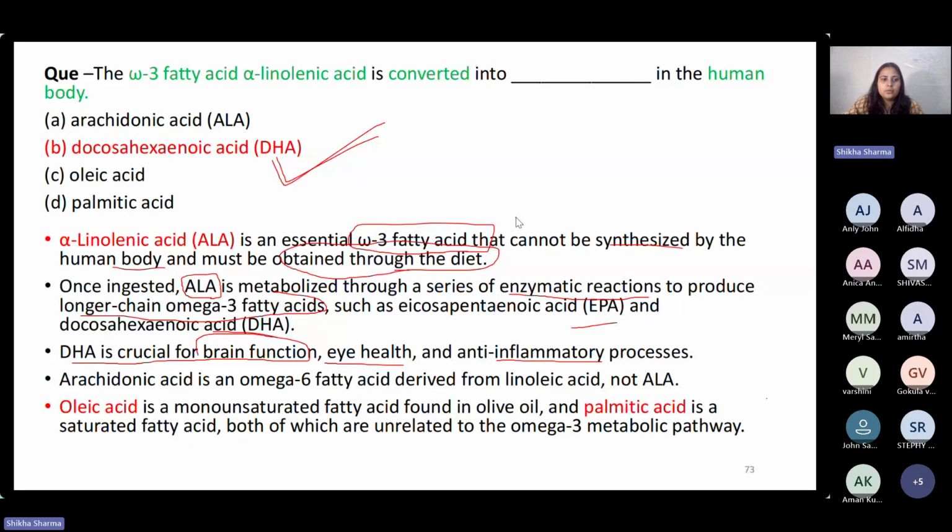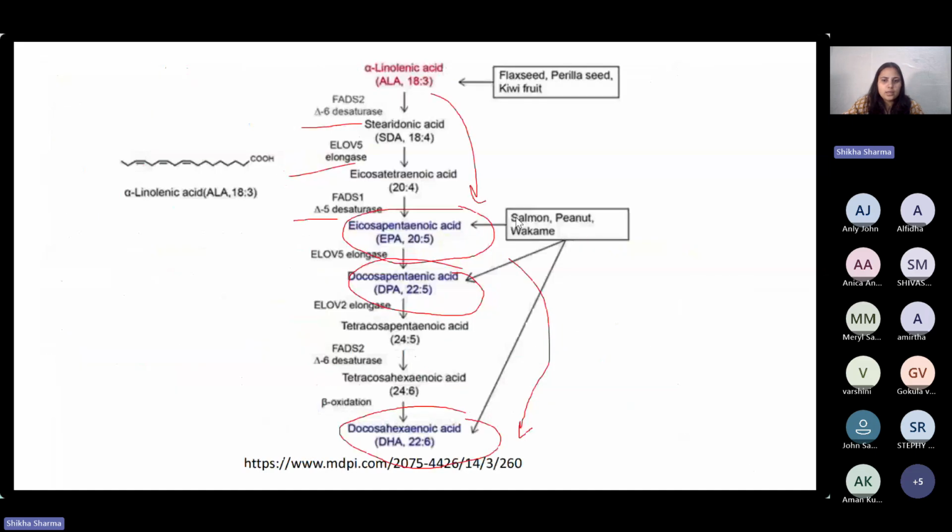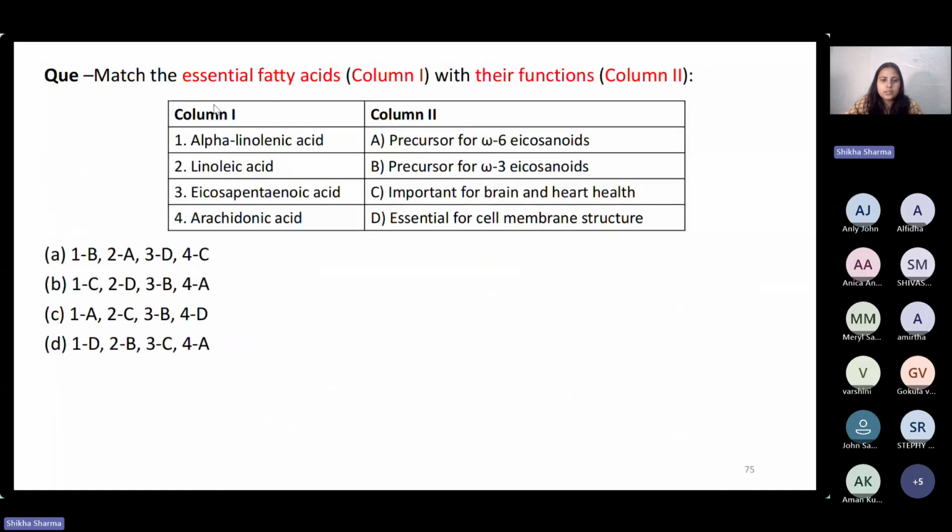So DHA is the correct answer here. Let's discuss the next question. We have in column 1 some fatty acids: alpha linolenic acid, linoleic acid, arachidonic acid, and eicosapentaenoic acid.